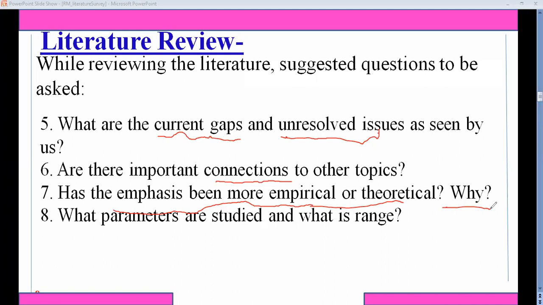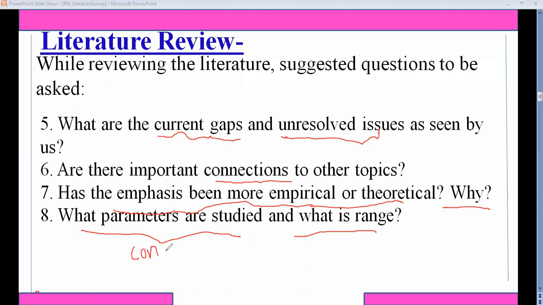Then in the literature survey, we also have to find what parameters the researchers have used. What parameters are studied? What is the range of each parameter? Which methods have they used for collecting the data?